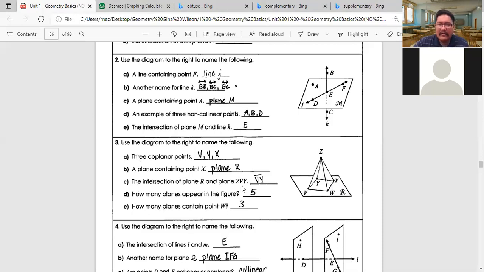Intersection of plane R and ZVY. Now it's asking plane R, so that's this flat sheet here, and then ZVY, which, if you can remember, this is a pyramid, but it's that far wall. It's this wall right here. And VY, that is the intersection.